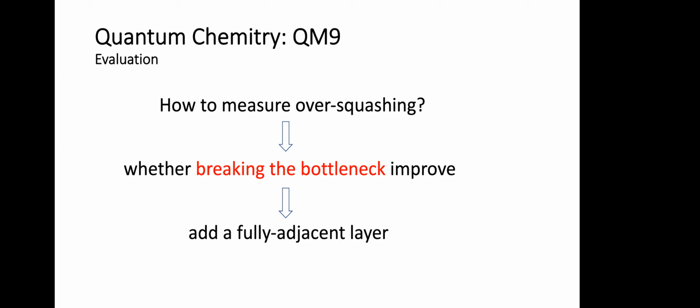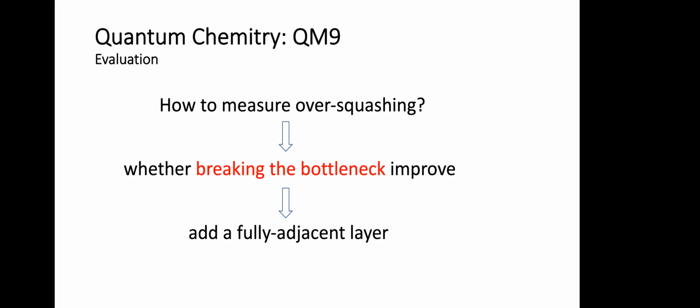Only the kth layer, the last layer, is a fully adjacent layer, and this layer allows the topology-aware node representations to interact directly and consider nodes beyond their original neighbors.